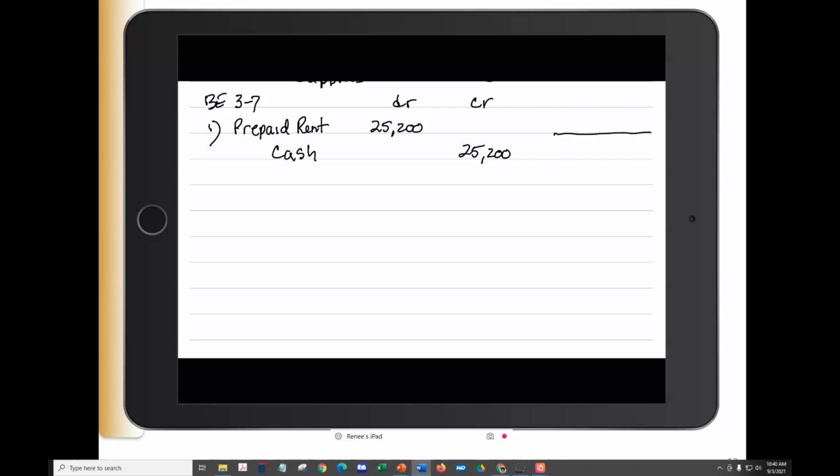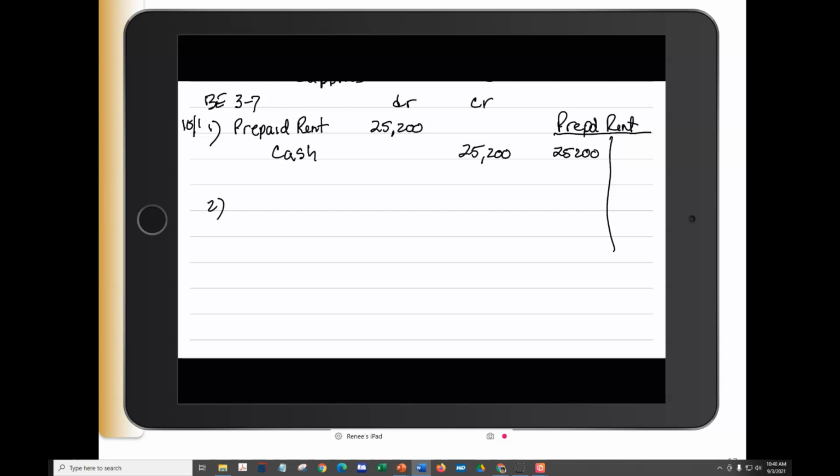Let's draw our T account for prepaid rent. We debited that for $25,200. Okay? And that was on October 1st, so 10/1.